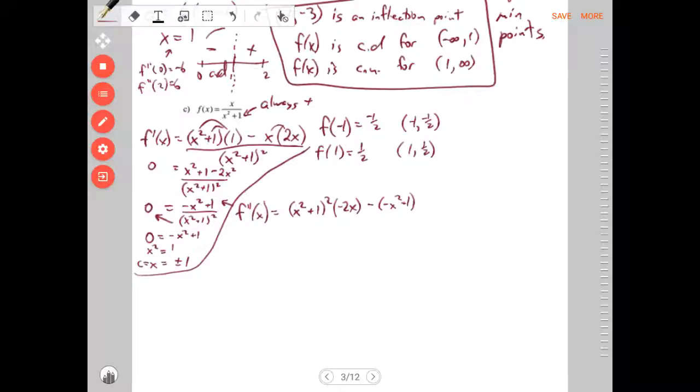Well, that's a little trickier, but that's okay. So you get 2 times x squared plus 1 to the 1, and then we chain rule, and that comes out as a 2x. Okay, all divided by the bottom squared again. So x squared plus 1 squared, and squared again makes it to the 4th.